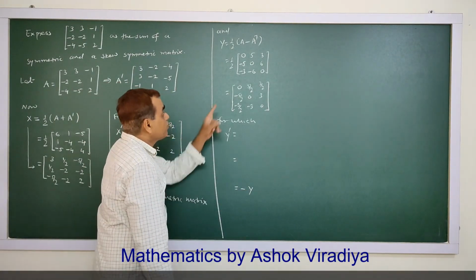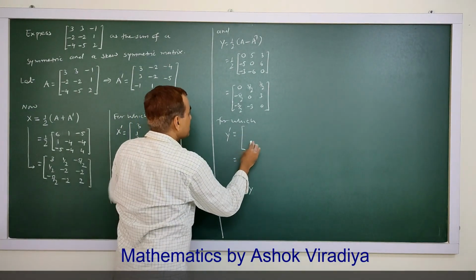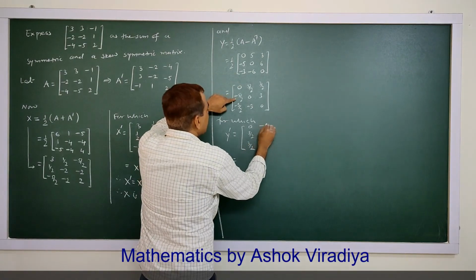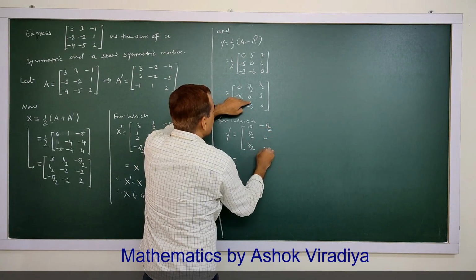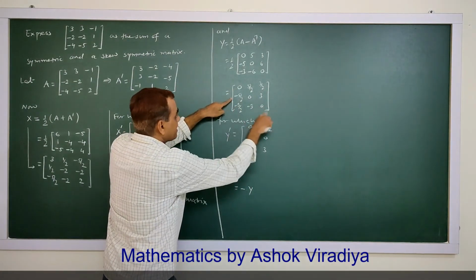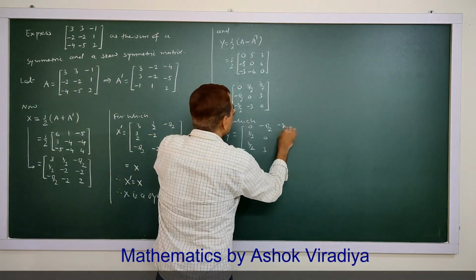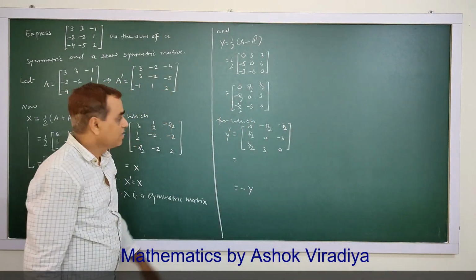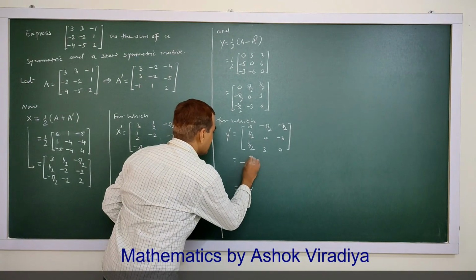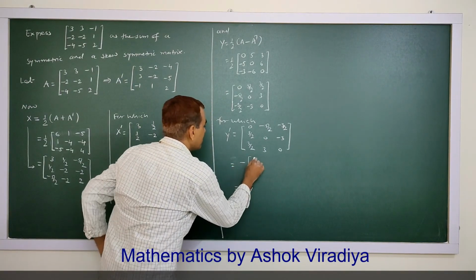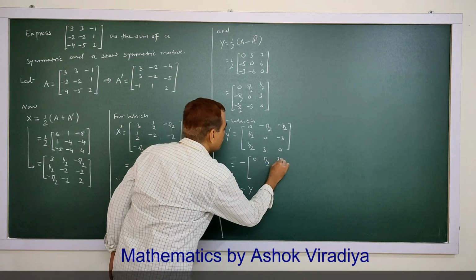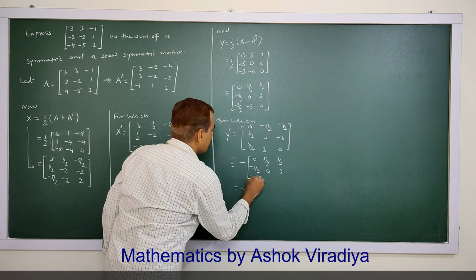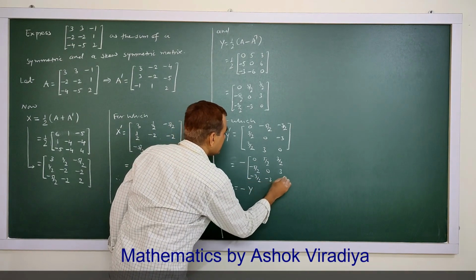So now y dash, its transpose. First row is first column, second row is second column, third row is third column. Now taking minus common from this: 0, 5 by 2, 3 by 2, minus 5 by 2, 0, 3, minus 3 by 2, minus 3, 0.